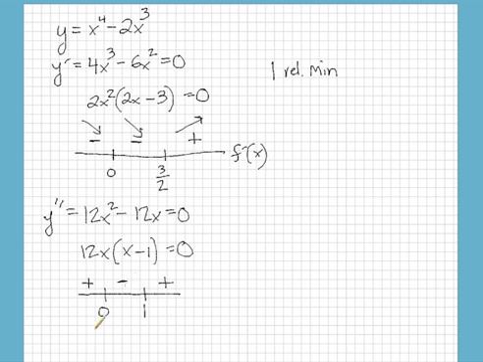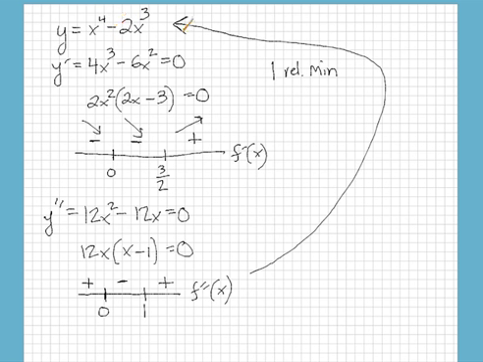For a point of inflection to occur, all you need is a sign change for the second derivative at that point. And of course, for a point of inflection, these values, 0 and 1, must work in the original function. In other words, when you plug them in, they must give you a y value. Because sometimes this will occur, but when you plug in 0, it'll be undefined in the original function, which will be a bit of a problem.